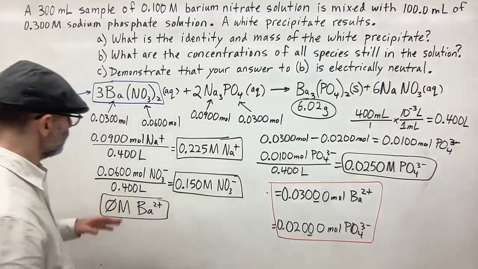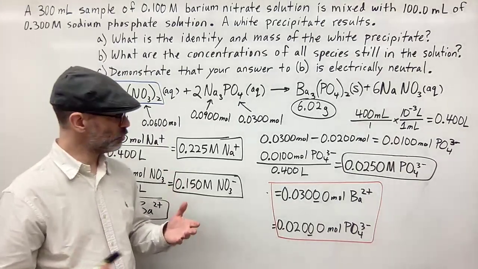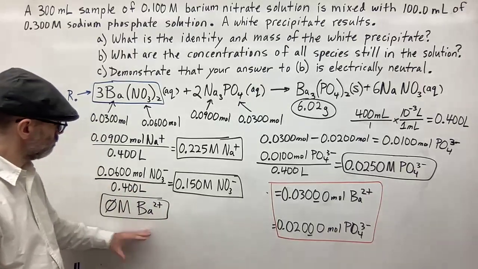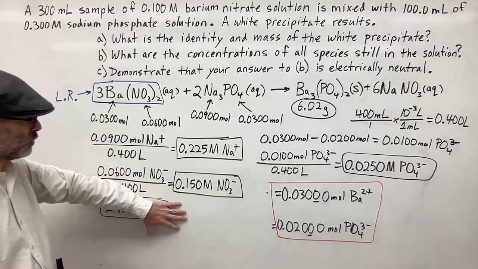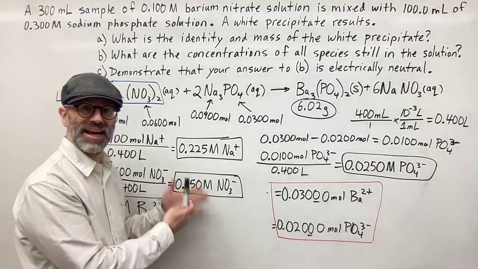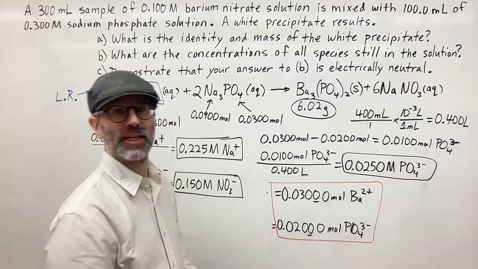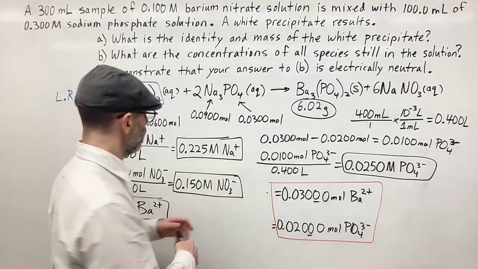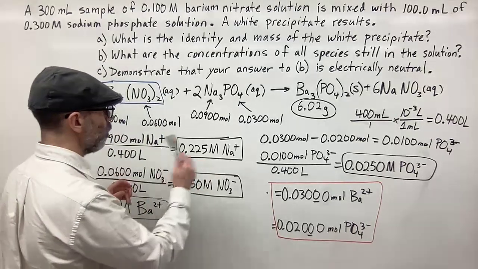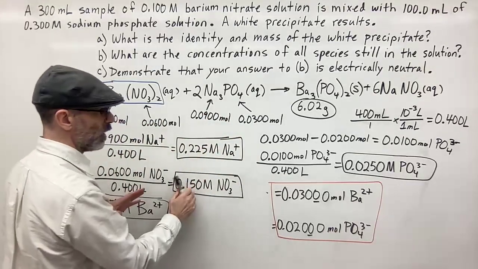Okay, so let's look at the moles of the ions that are left in solution. So we're ignoring barium, right? So barium is not in solution. So what we need to do is calculate the total amount of negative charge, calculate the total amount of positive charge, and see if they're equal. Okay, so here we'll go back to moles. We don't want to use molarity.